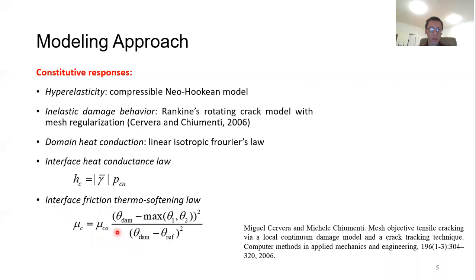And we can see here, as we increase this temperature theta 1 maximum or theta 1, theta 2, approaching theta dam, which is critical temperature, this mu c is actually decreasing. And once we reach that theta dam, we won't have any friction on the contact surface.